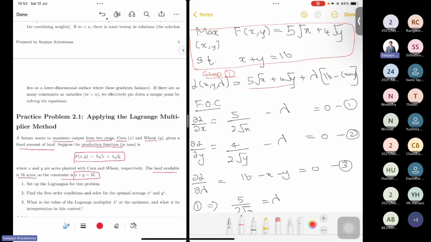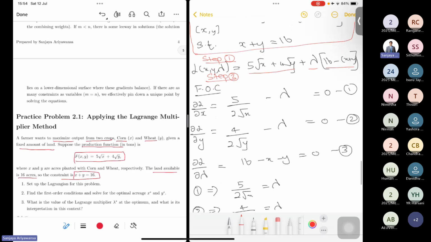So this component is your objective function plus your Lagrangian multiplier times the constraint. Step number 2 was to calculate your first order conditions. So the first order conditions are with respect to your input variables x, y, and your Lagrangian multiplier. You partially differentiate your Lagrangian with respect to those variables, equate to 0, and you get these three equations.